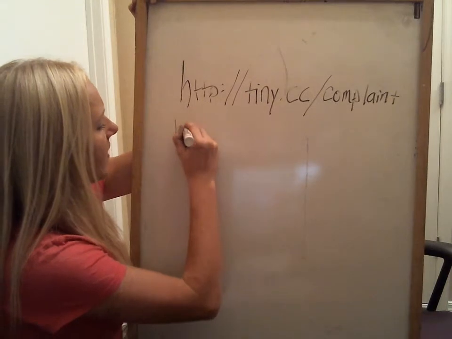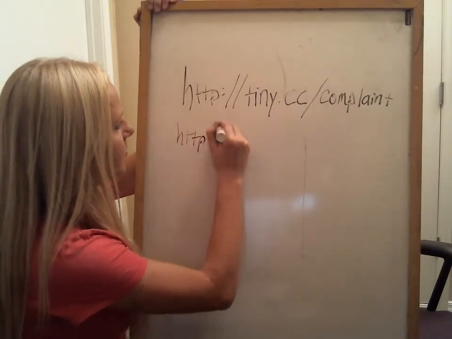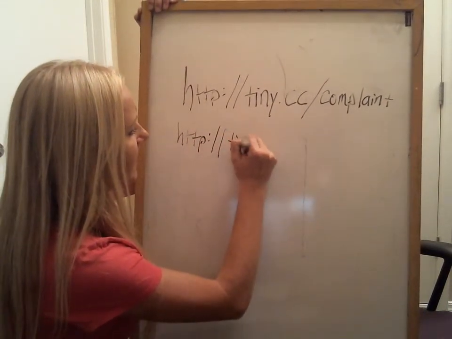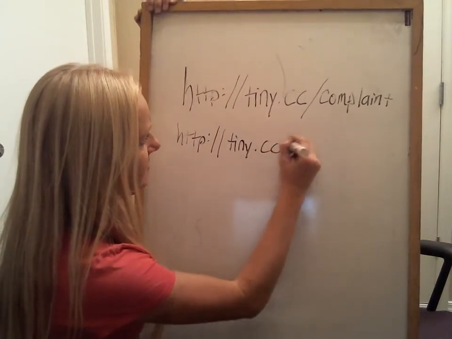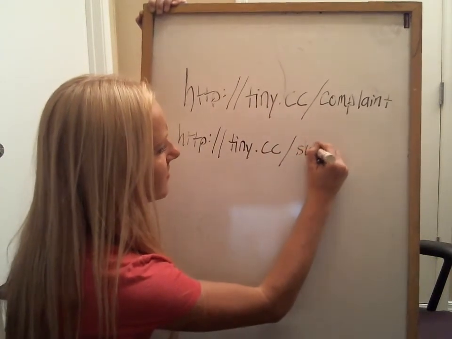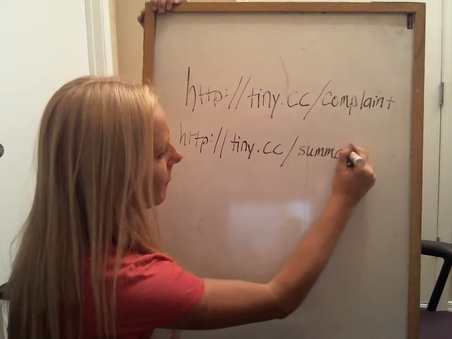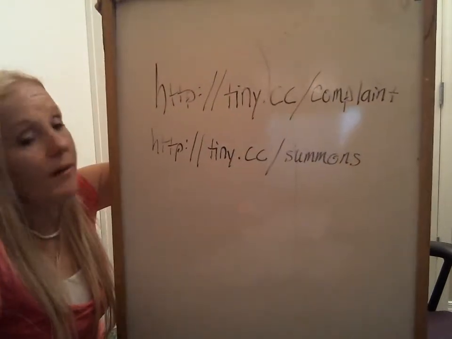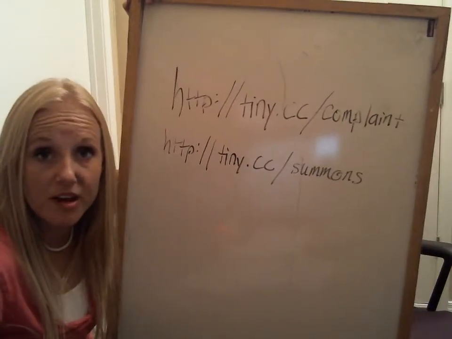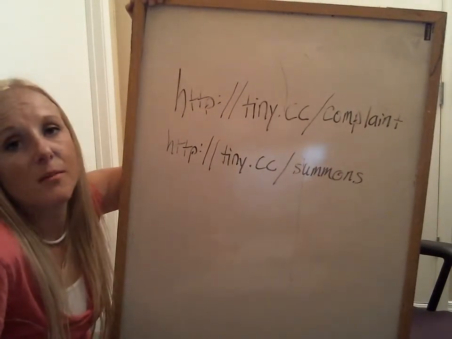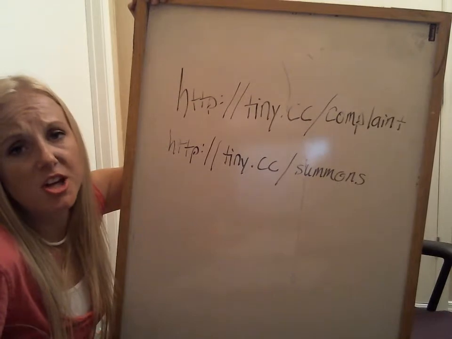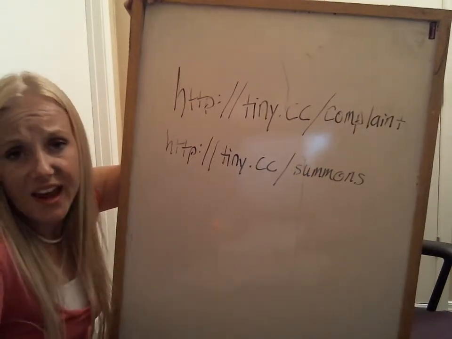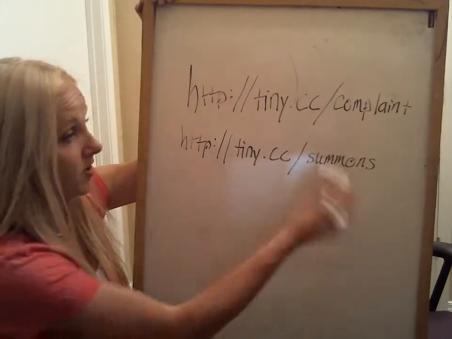The other one for the summons that I've put together is tiny.cc-summons. And this will actually pull up a Microsoft Word document where you can adjust the name of the court, and you can adjust the name of the parties and add the missing information to just print out your summons.